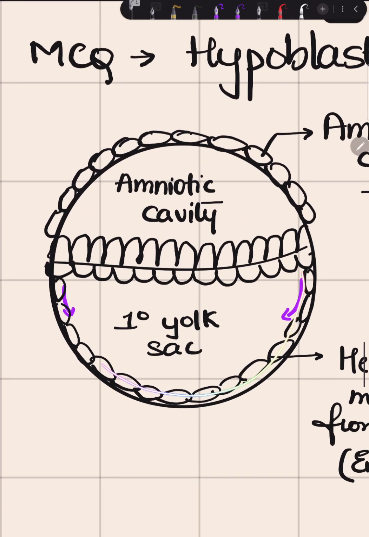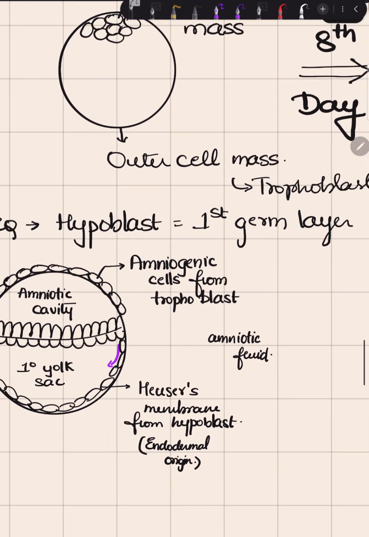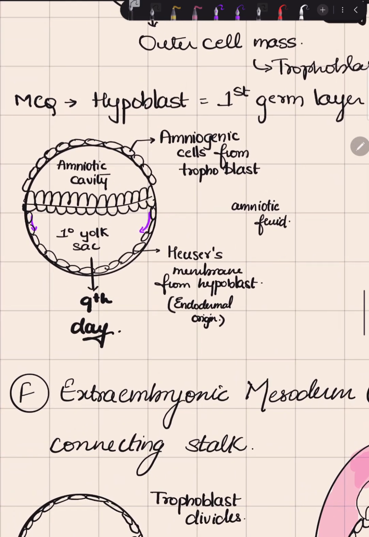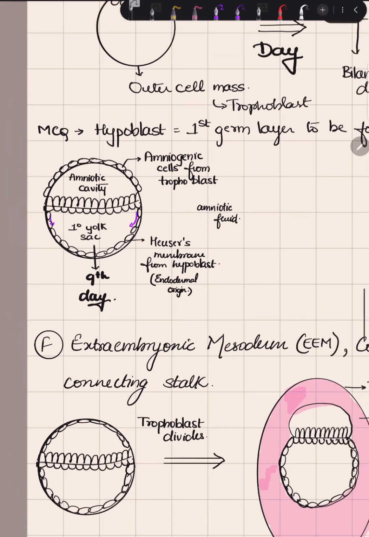This cavity formed is called the primary yolk sac. We missed one point before: the primary yolk sac forms on the 9th day, as the hypoblast cells move this way and form Heuser's membrane.